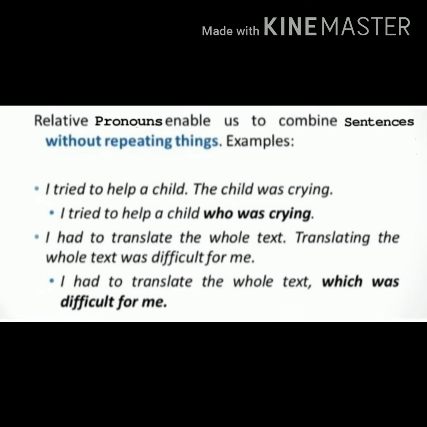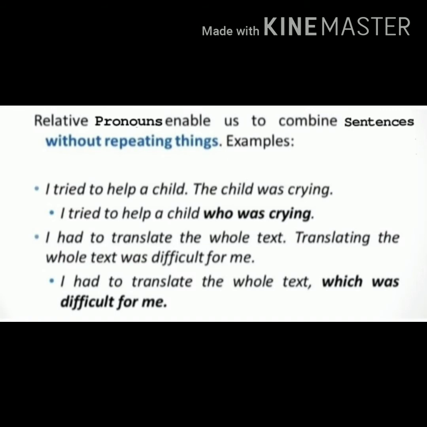For example, if we don't use the relative pronoun, we have to write the sentences, I tried to help the child. The child was crying. But if we use a relative pronoun, it becomes, I tried to help the child who was crying. Here we have used the relative pronoun who for the child.